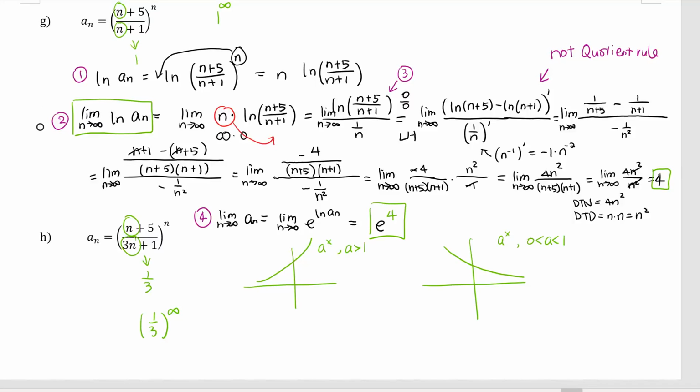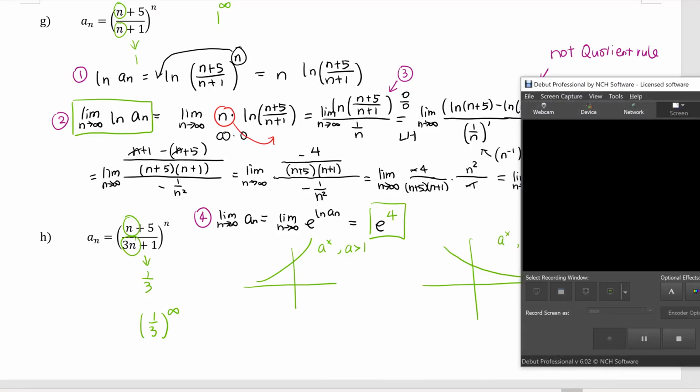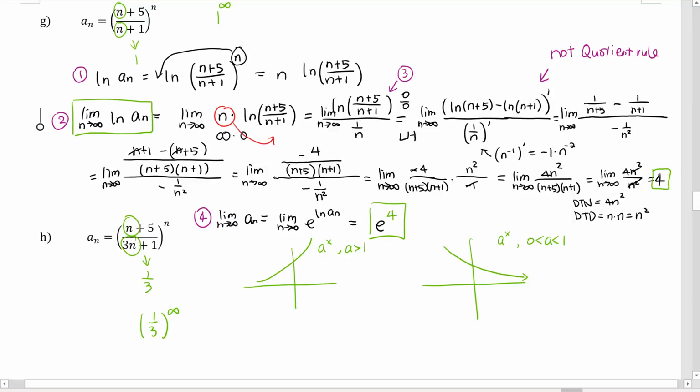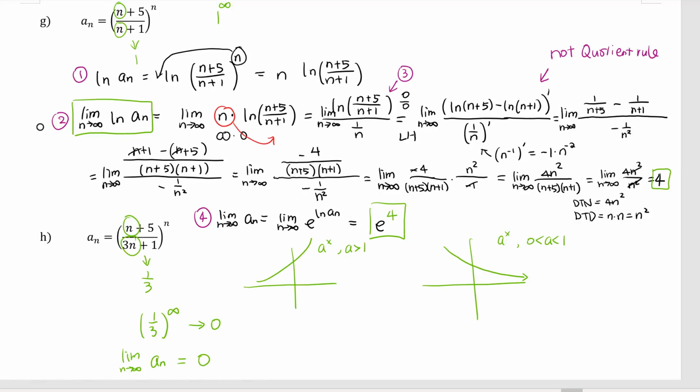So 1/3 is between 0 and 1, and we get a decreasing function. So that's why we have the second picture. When n goes to infinity, this goes to 0. So that's why the limit as n goes to infinity of a sub n is 0.